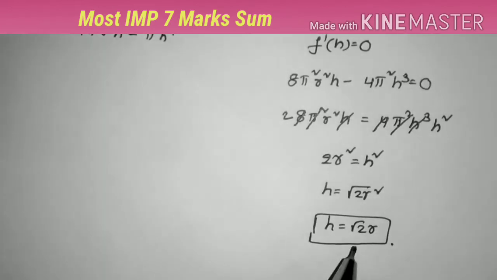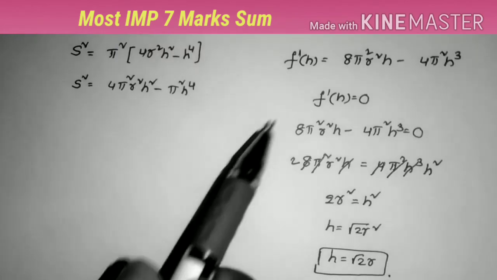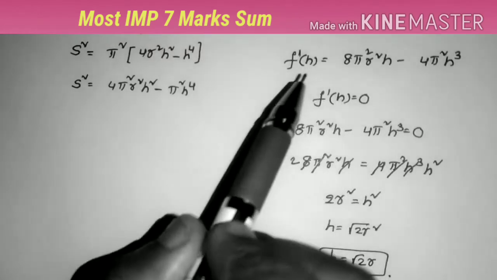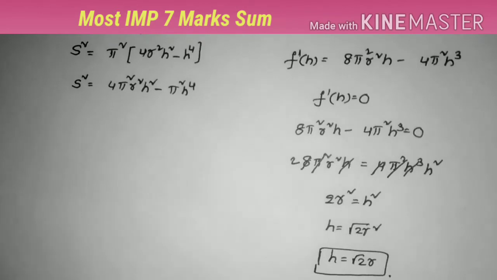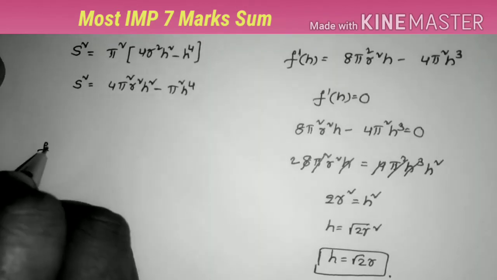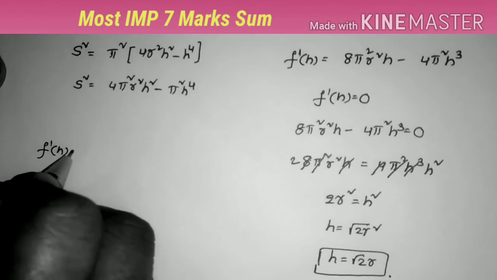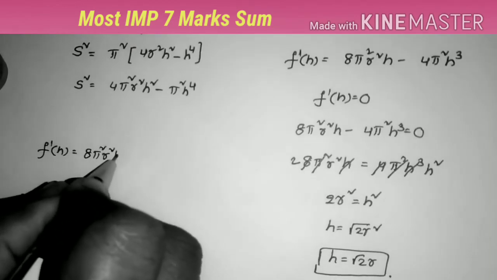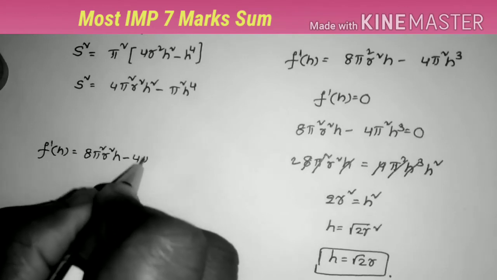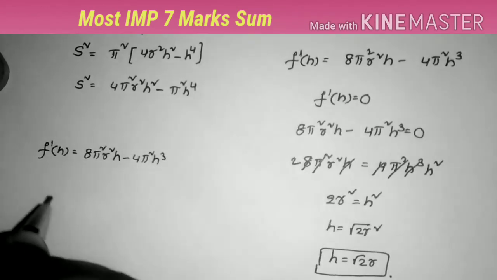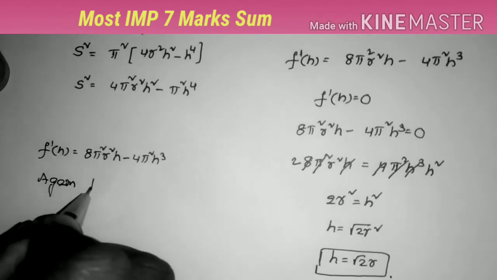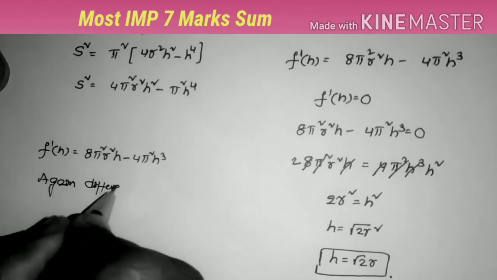Now after getting the h value, again taking the derivative of f dash of h and substituting this value in f double dash of h. So f dash of h is equal to 8 pi square r square into h minus 4 pi square h cube. Now again differentiating with respect to h.